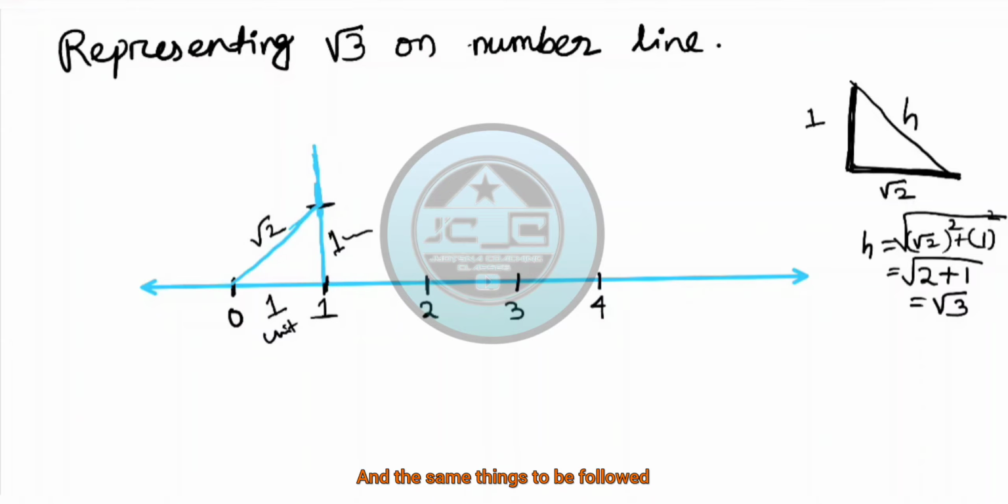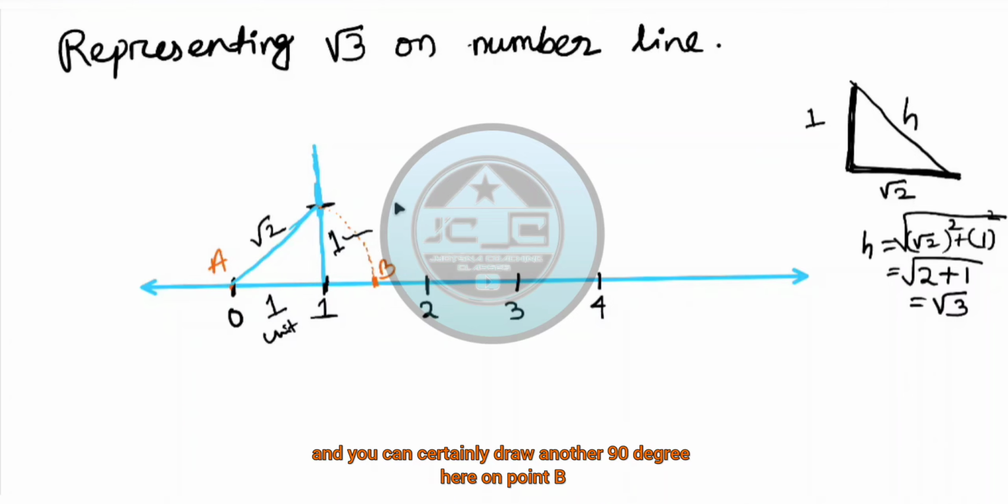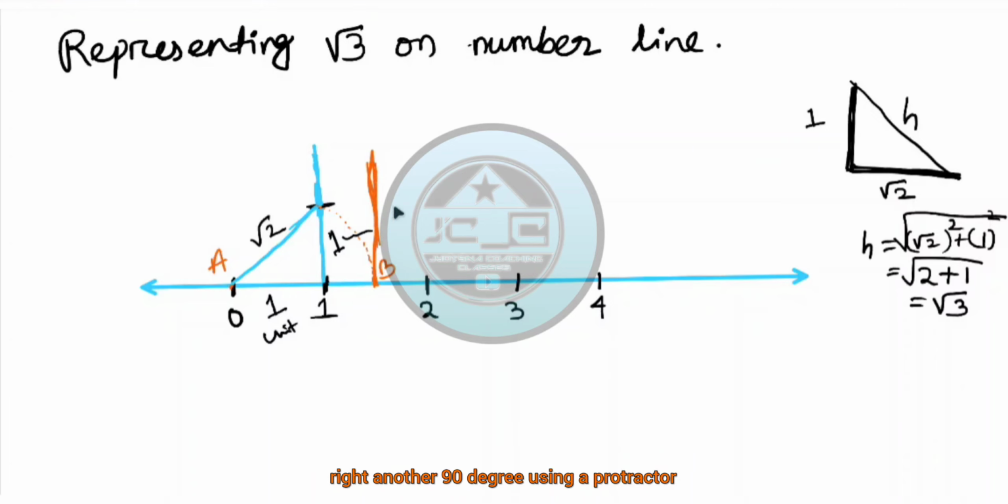And the same things to be followed: measure a distance, right. This is point A. Measure the distance from A, extend the arc, and you get a point here. This will be point B. As we know, the distance from A to B is root 2 unit. You can certainly draw another 90 degree angle on point B using a protractor, because AB is root 2 unit.